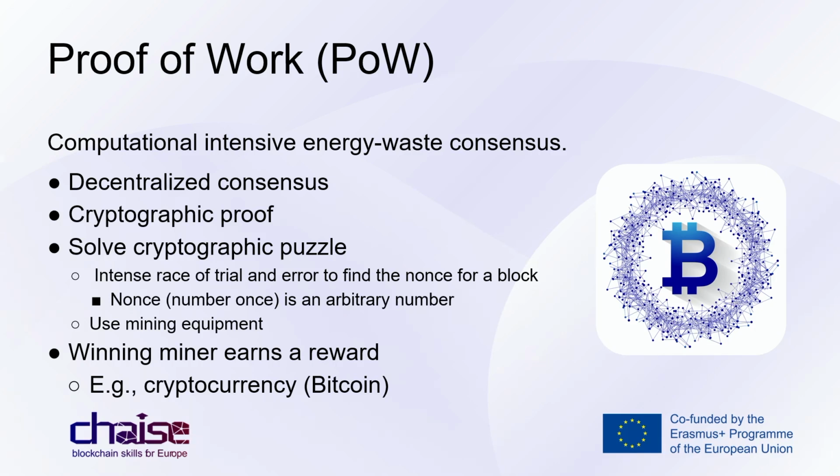It means after some time it will be halved to 6.25, then later 3.125, and it will keep reducing every 4 years. When Bitcoin rewards started, it was 50 Bitcoins, later 25, and then it kept reducing every 4 years.